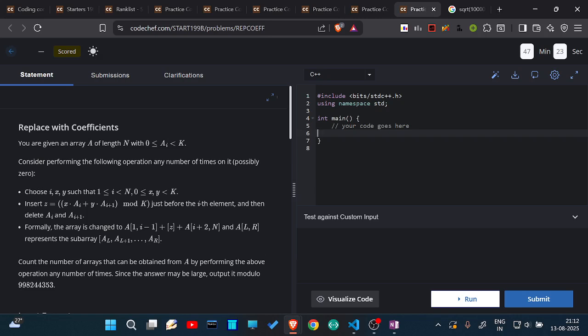Obviously, I can solve the problem in a very high time complexity. Obviously, I cannot do that.